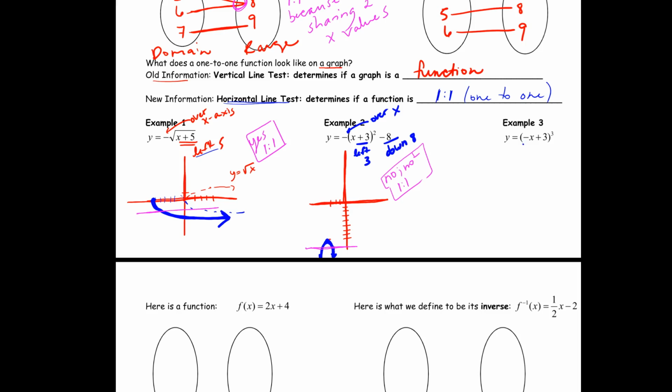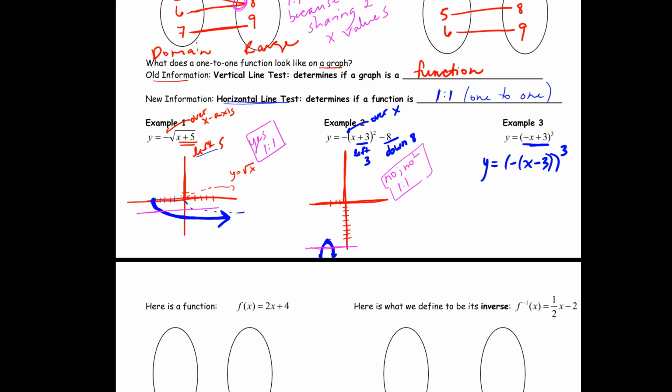So, can someone raise their hand and tell me what will happen with this quantity, negative x plus 3? Is that a left shift or a right shift? Right. Good. Catherine, why did you say right? Good. When you're looking at your left or right shift, you need to look at it in the quantity with a positive x value.